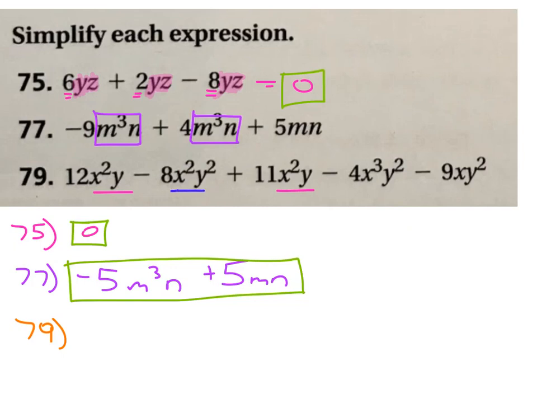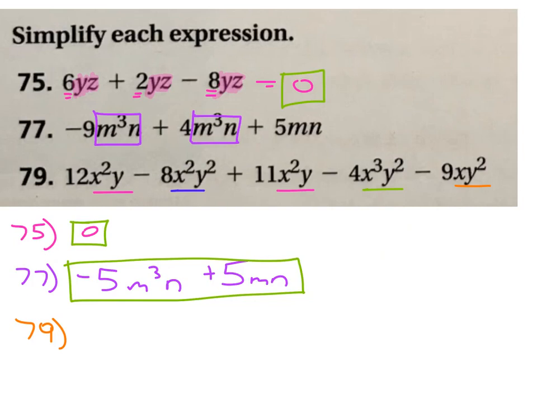Do we have any more x squared y squareds? No, we actually don't. These all have different amounts of x and y. X cubed y squared is not the same. And in fact, x cubed y squared, there's only one of those. And going further, x y squared, that's also different.